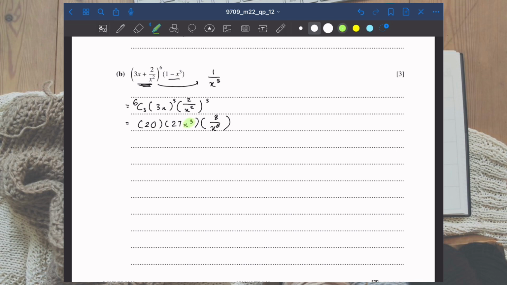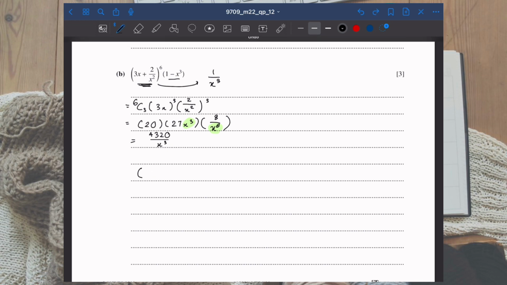If we multiply x³ with 1 over x^6, we get a term that is 1 over x³. So then we multiply the rest of the terms. 20 times 27 times 8 will be 4320.